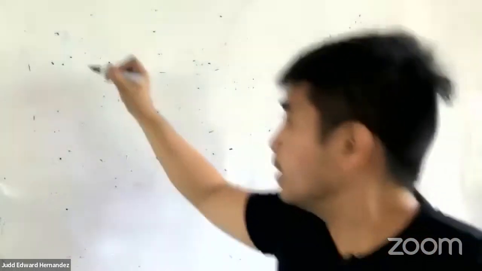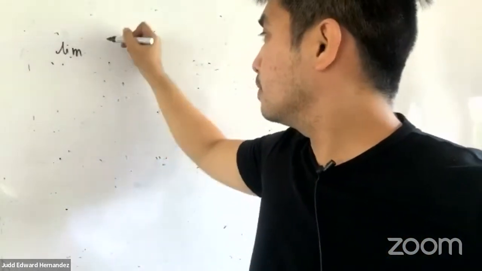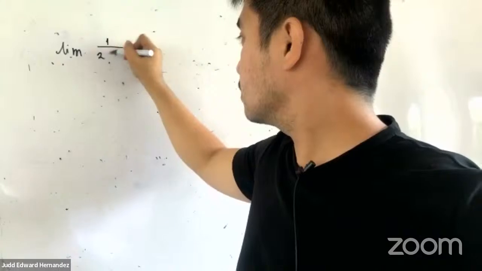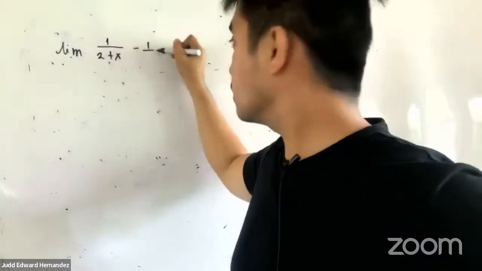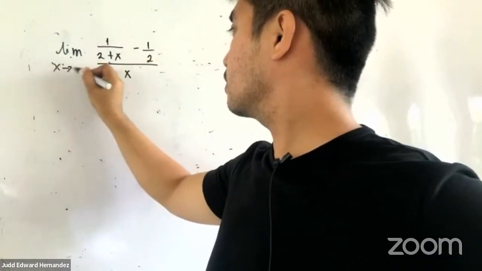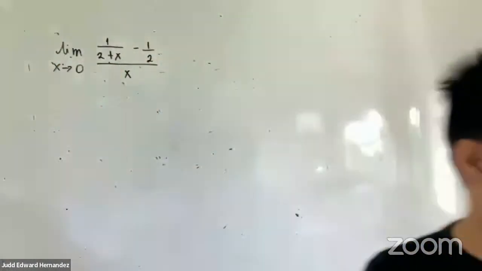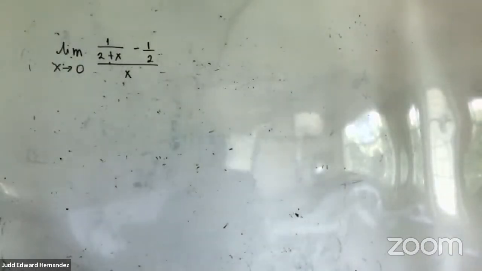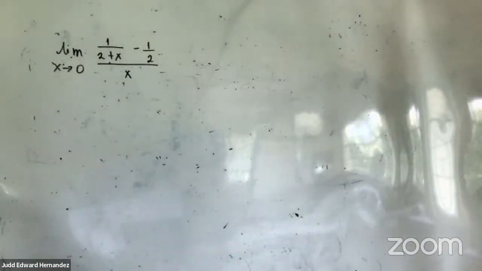Could you please try answering this one? Okay. That is the question po. Pakitry po. The limit of 1 over 2 plus x minus 1/2 all over x as x approaches 0. That is the question.